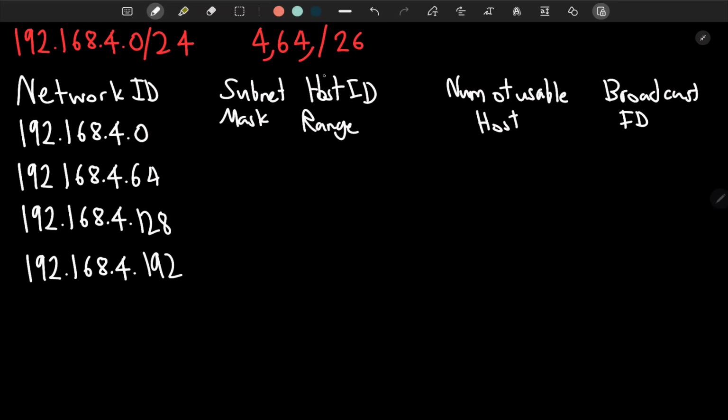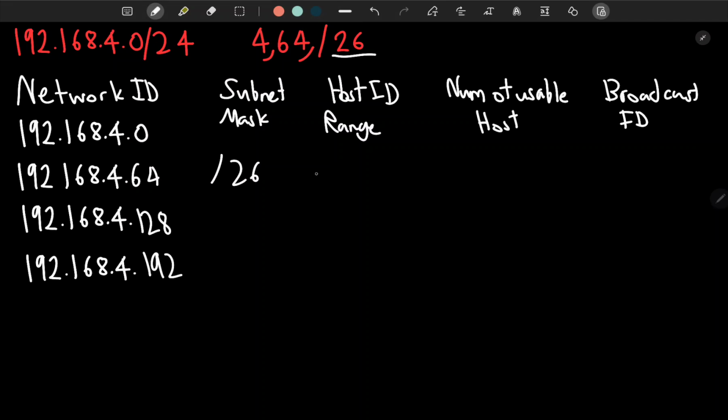And the subnet mask is over here, which is /26, which is the same for everything. Now the host ID range is everything between each network ID and the broadcast ID, and we need to exclude the network ID and the broadcast ID. So the first IP address is the network ID and the last one is the broadcast.